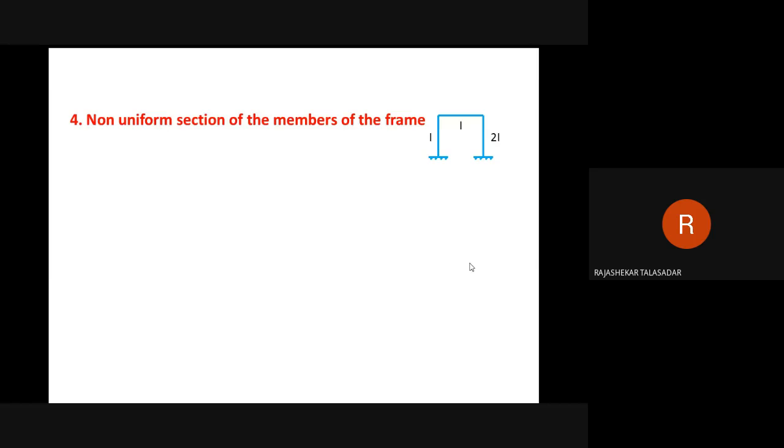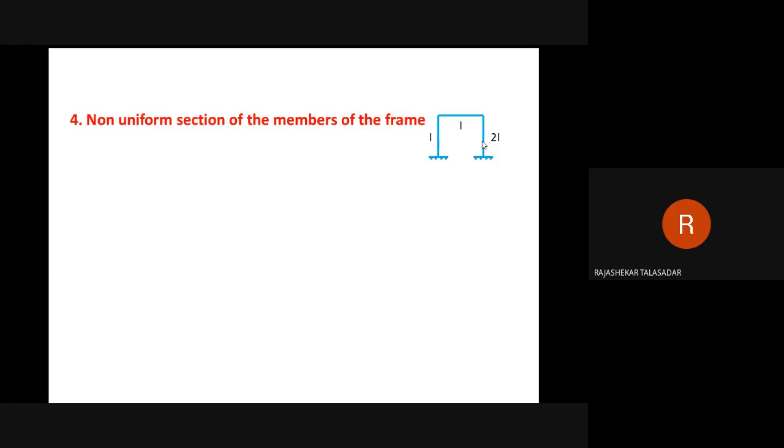Say for example, if you take a column size of 230 by 300, then here the column size will be, say, 300 by 400. If you look at the cross section of the column, the dimensions of this column and this column will be different. How do you usually calculate I? You know that it is BD cube by 12 for a rectangular section. Am I right?